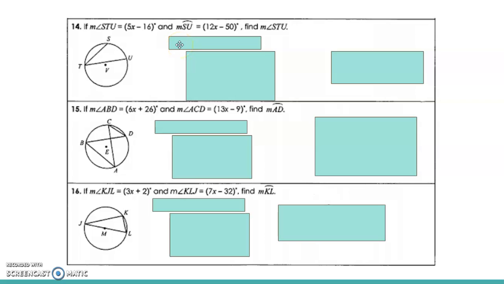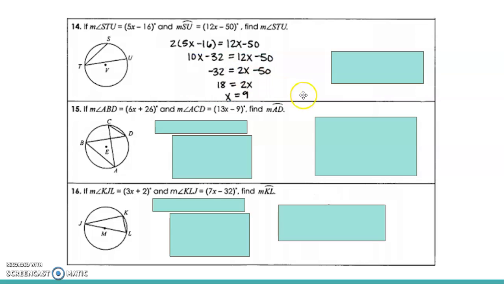Starting off with finding my x, I am going to take the angle, and we can double our angle and set it equal to the arc, or you could do just the angle, so 5x minus 16 equals, and then on the other side you would have that 1/2 and then our expression. So you can do it either way, but we'll find that x equals 9 when we go through all of that work. We need to take x equals 9 and plug it back into our algebraic expression for our angle so that we can find that the measure of STU is 29 degrees.